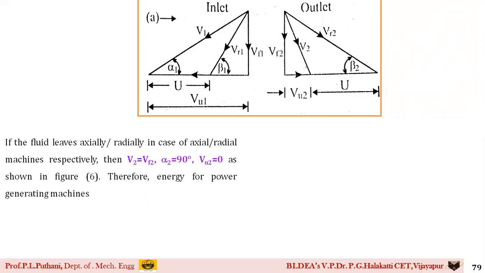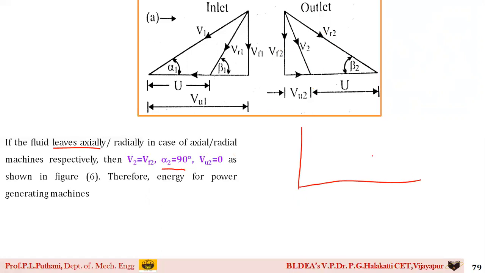So when the fluid is leaving the outlet velocity triangle axially or radially, it means that the angle alpha 2 is now equal to 90 degrees. If you observe carefully, the new velocity triangle for the outlet case will be in this form.